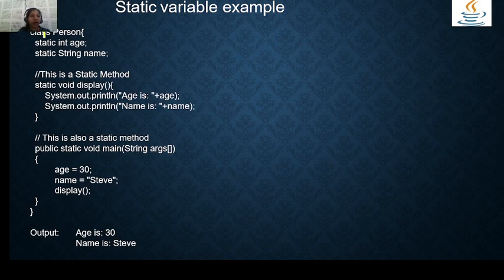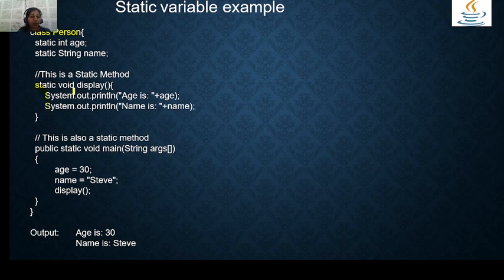So this is our class Person. Here two variables are there, age and name: int age and string name as static ones. So we are defining here the static method, static void display.